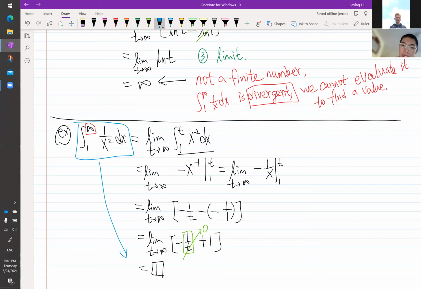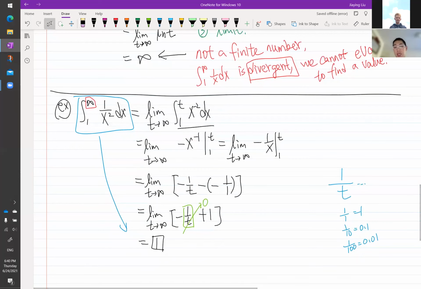Why does 1 over t go to 0? If t goes to infinity, you take one unit and divide it into infinitely many parts, then each small part basically has nothing in it. That's one way to think about it. Another way is that 1 over 1 is 1, 1 over 10 is 0.1, 1 over 100 is 0.01.